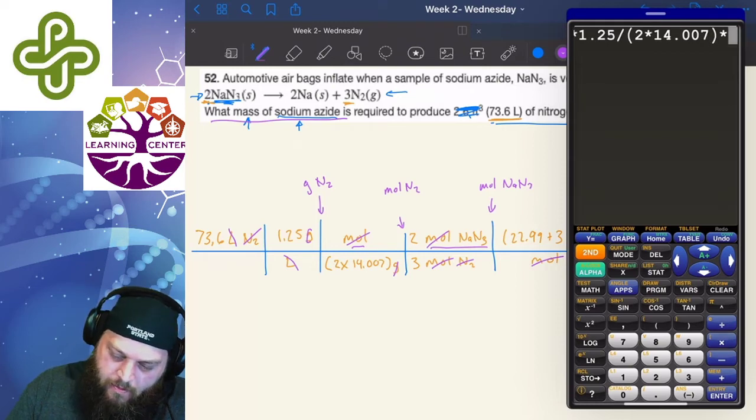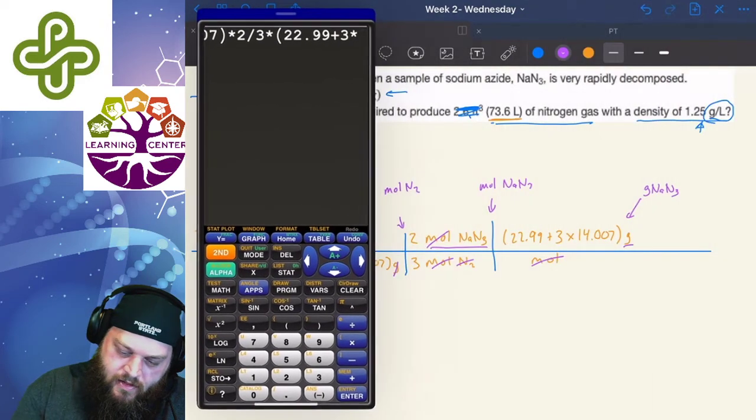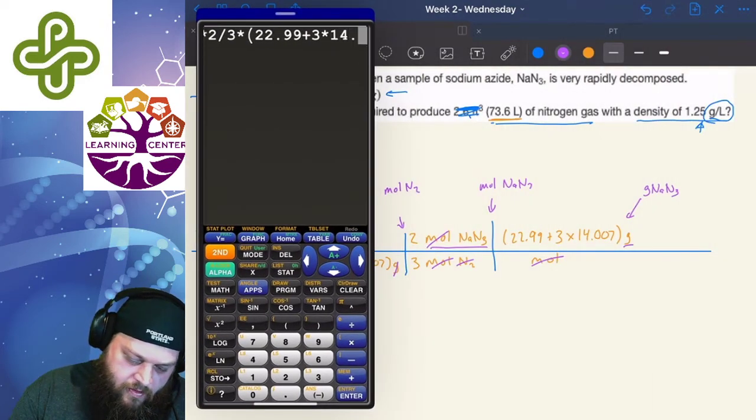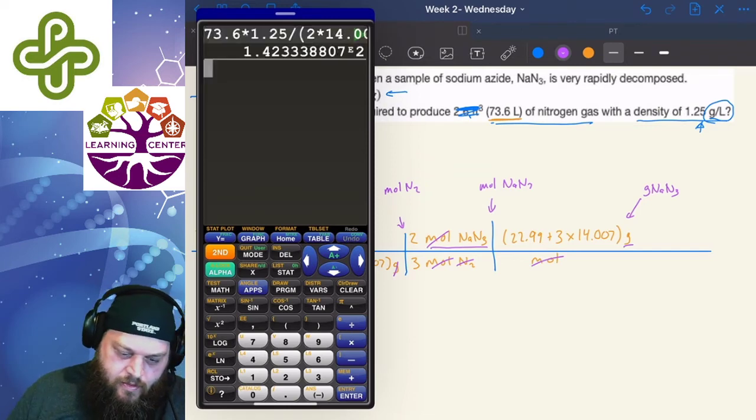And then I'm going to multiply by 2, divide by 3. I'm going to multiply by 22.99 plus 3 times 14.007, close my brackets. There we go. And that matches what I had. Yeah, good.